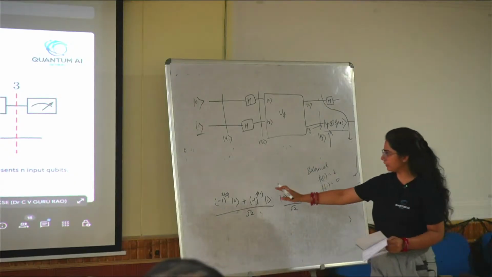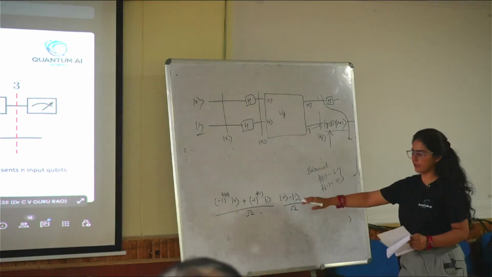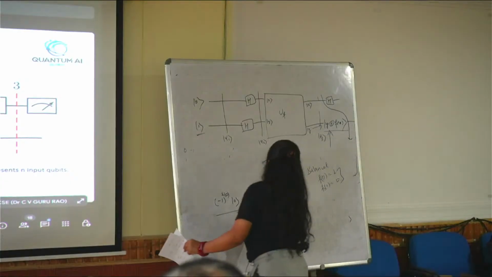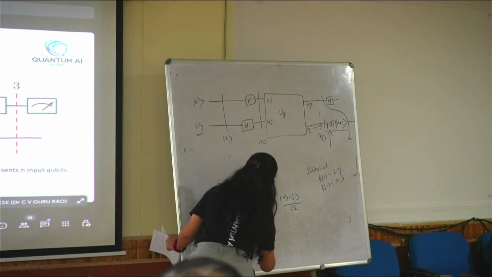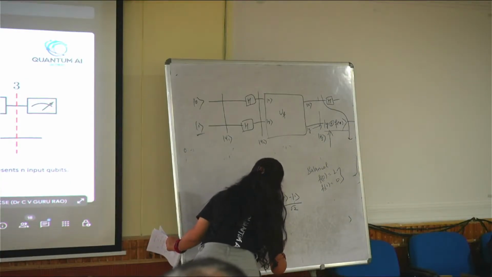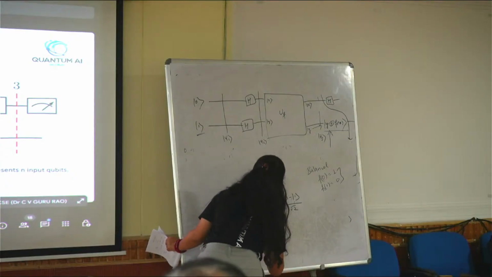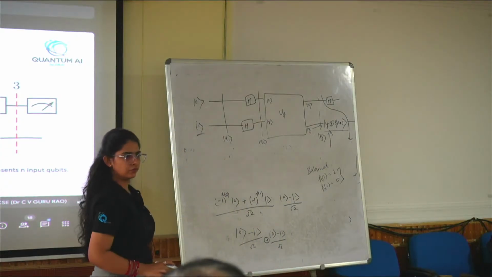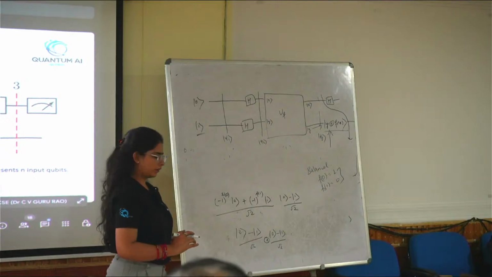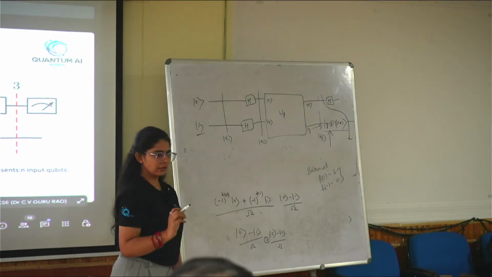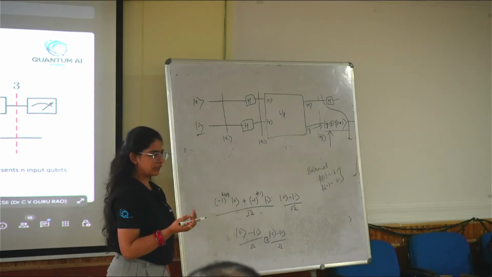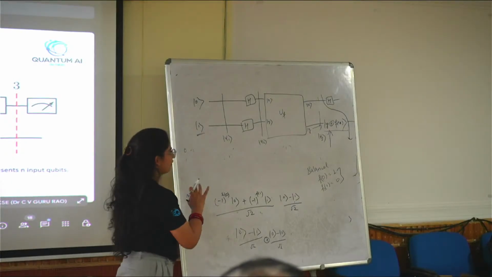Okay, if we try to put this in here, we will come up with 0 minus 1 by root 2 and 0 minus 1 by root 2, for the balanced case. Okay, if the function is balanced, now I have considered computationally if the function is balanced.